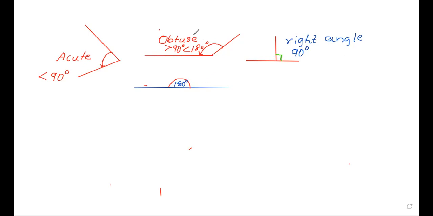We go further and have a look at two more angles.